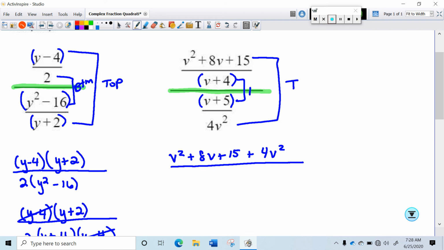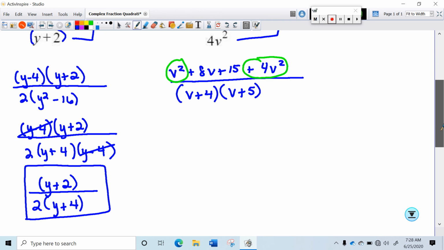Inside goes on the bottom, so I have a family of v plus 4 and a family of v plus 5. Okay, now on the top, look at this. I have a total of 5v squareds on the top. So let's go ahead and put those like terms together. Everything else stays like it is.